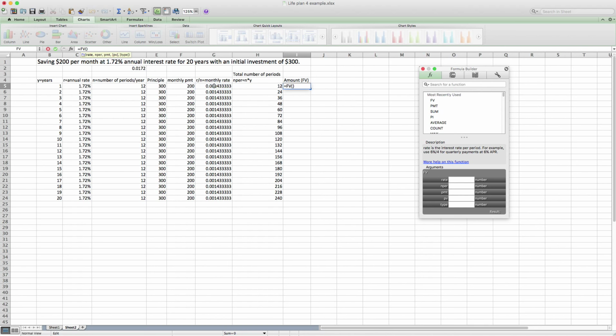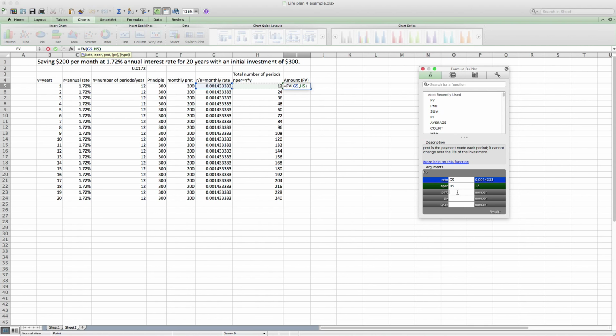So I'm just going to click on this cell. Now our n per, remember, this is the total number of payment periods in the investment. Well, at the end of the first year, there are 12. So I'm going to click on this cell. This is the n per for the first year.